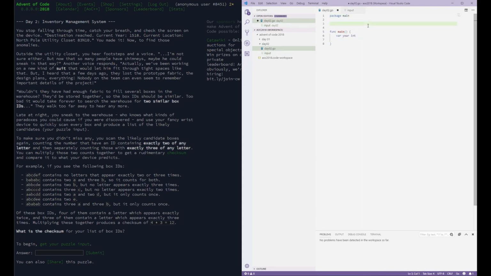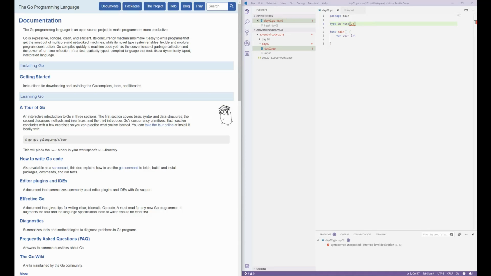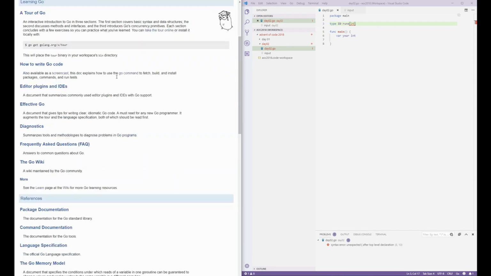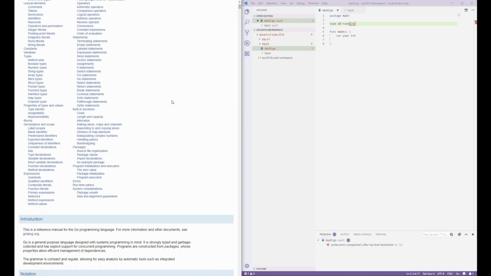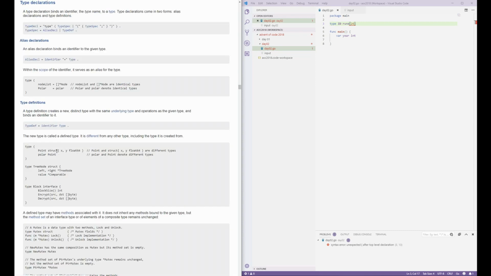So I have a type ID, which is a char. Is that a thing? Char. No, it's maroon, right? Can I do that? Language refs. Type declarations.